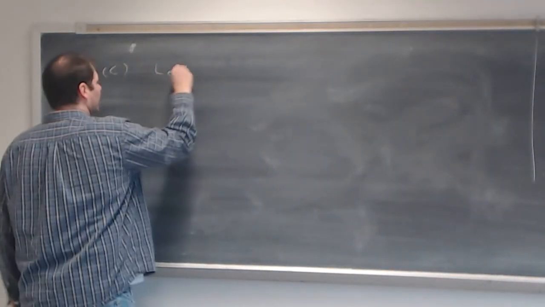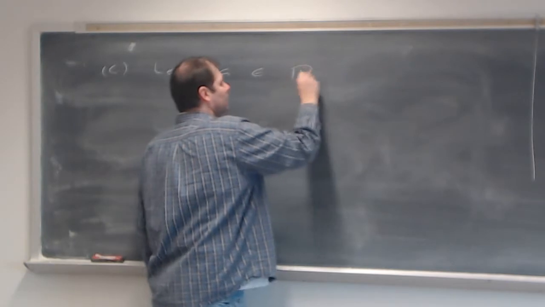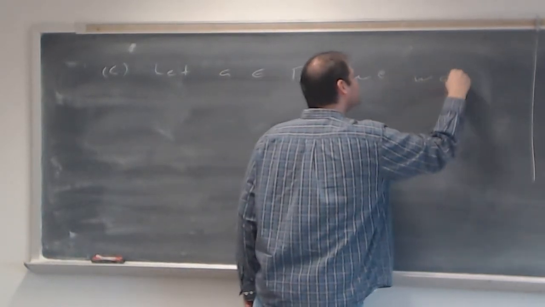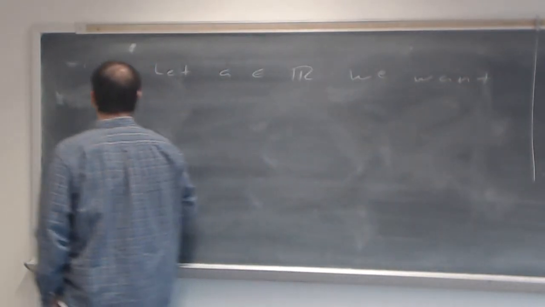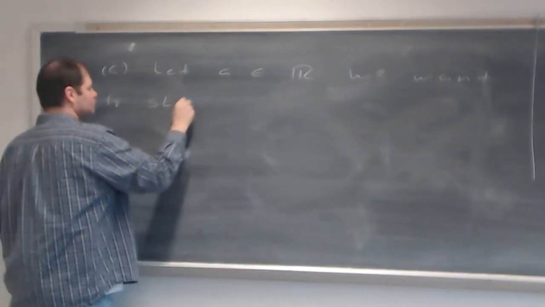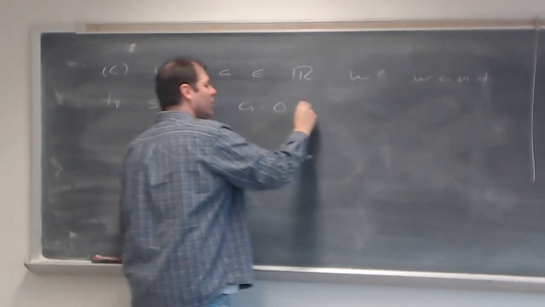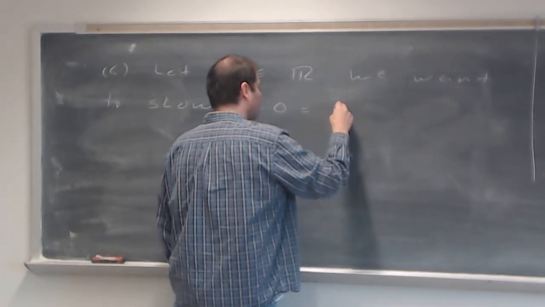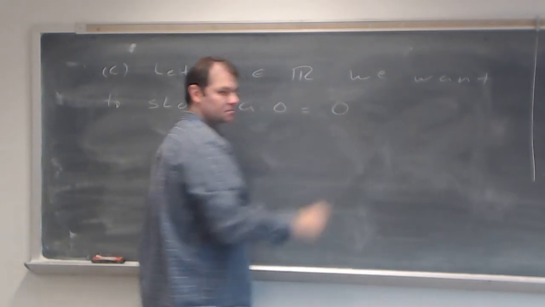For part C, we're going to let A be a real number, and we want to show that A times 0 equals 0.